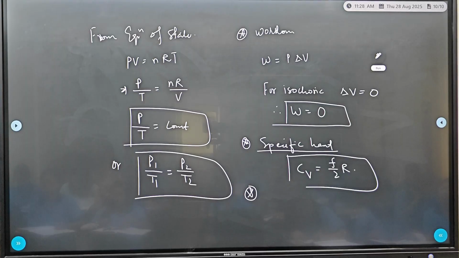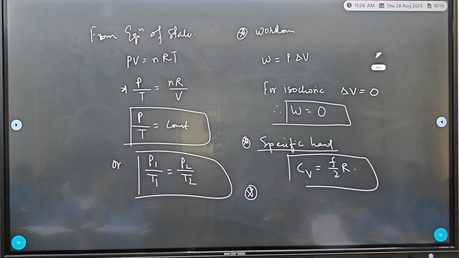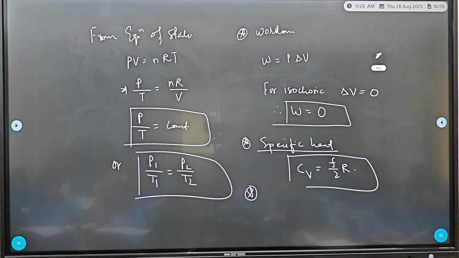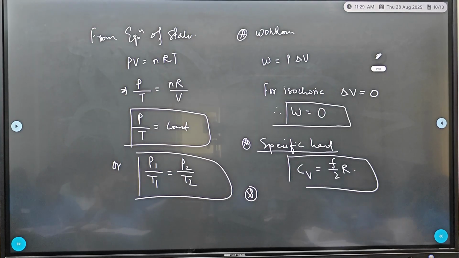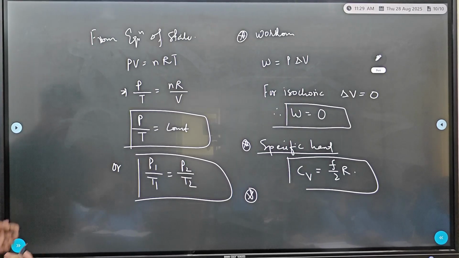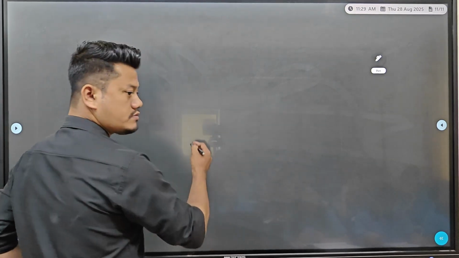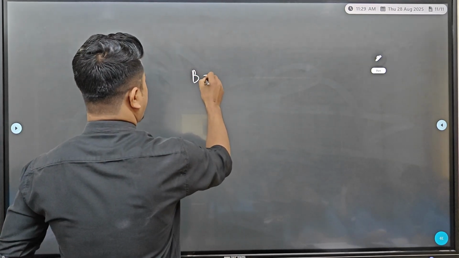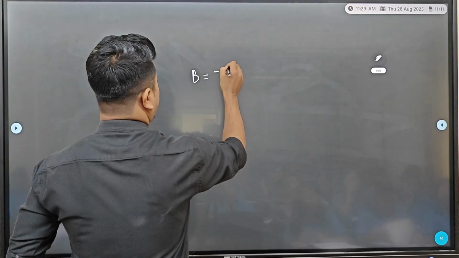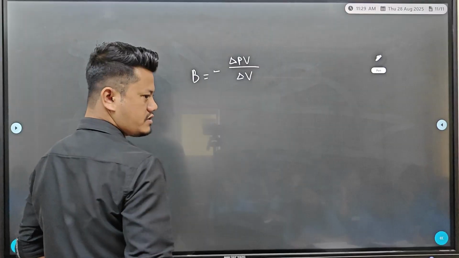Write the expression. What was the expression? B was minus del P V by del V.